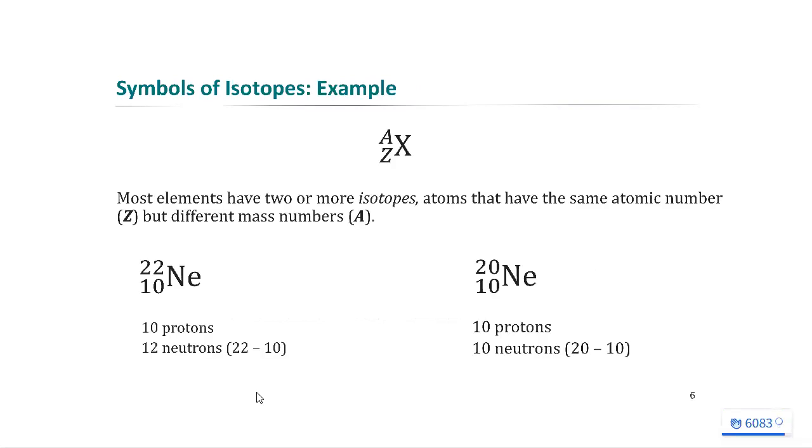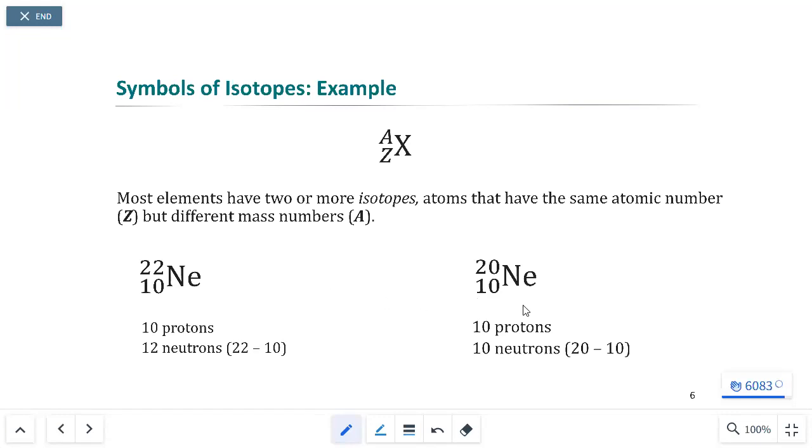So here are the 2 isotopes of neon that we were exploring in their now familiar nuclide notation. And so notice, among them, we've got some similarities. Their atomic numbers are the same.